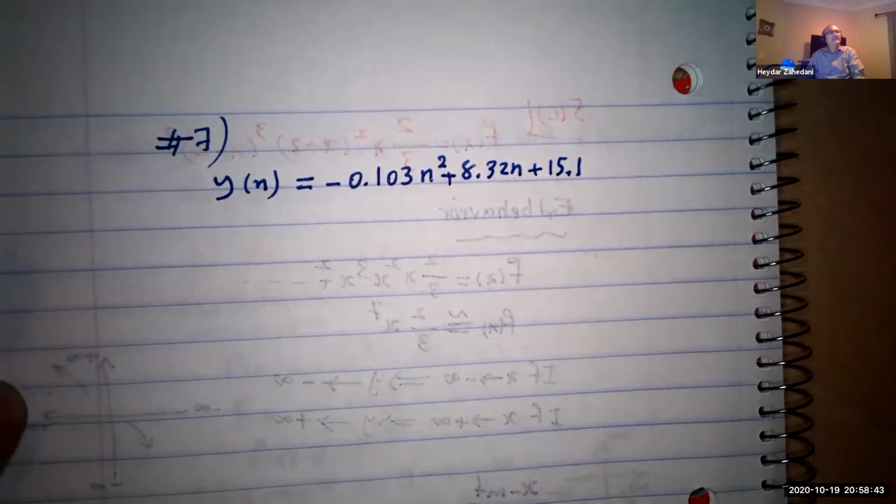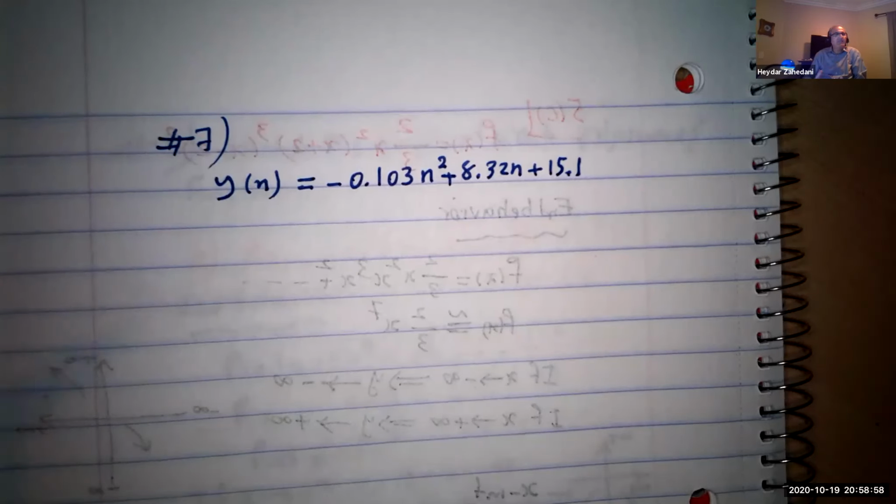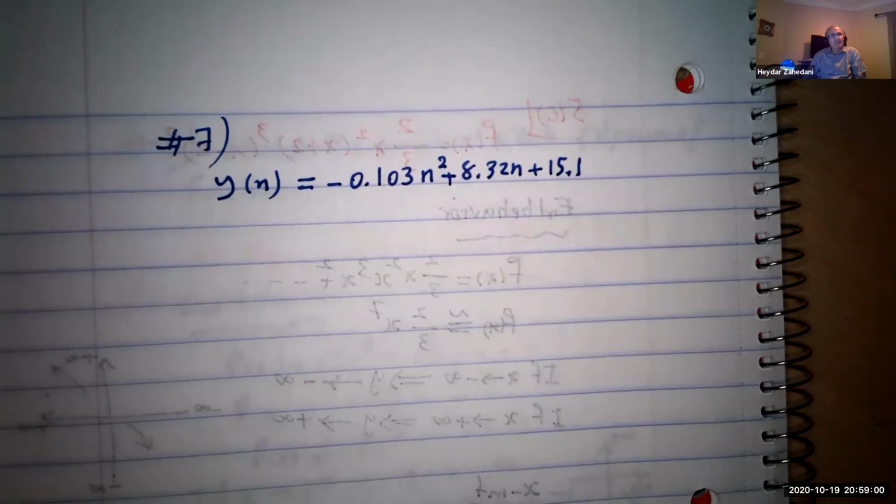That's the model that you're going to have. N is the number of corn plants in 1,000 plants per acre on a farm, and y of n is going to be the result, the yield that you've grown, whatever it is.